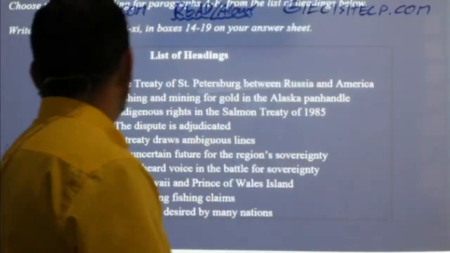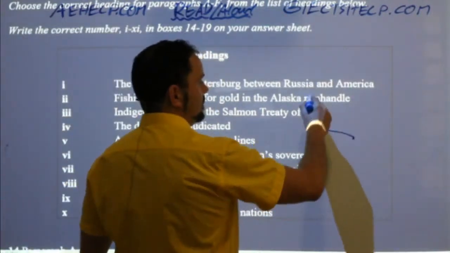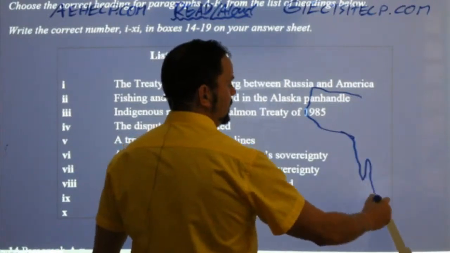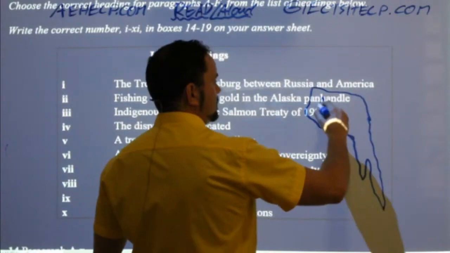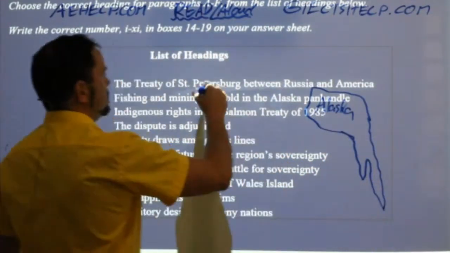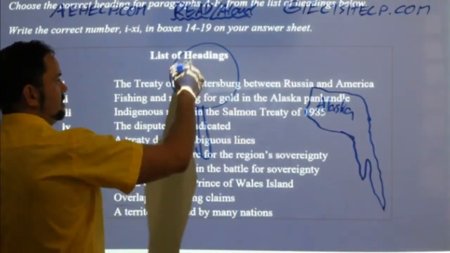Okay. Panhandle. So if you look at a map, everybody, of Alaska, Alaska comes out like this. Okay. And there's kind of like an area like this. Okay, and then here, so this is Alaska. Alaska kind of looks like a giant frying pan. So you have the frying pan like this for making eggs.